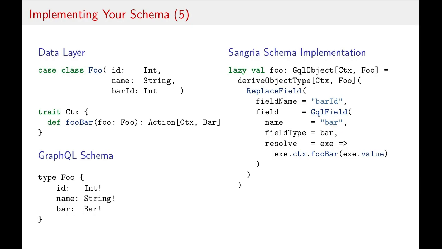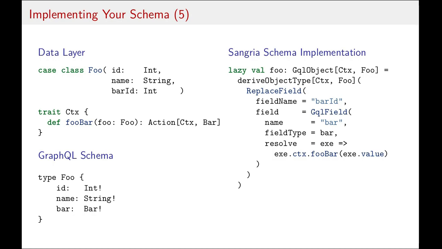Let's create a method inside context that will give us a bar, and really will give us an action of context bar. So this context has to match the context in your overall schema, and so forth. This bar tells you what's inside there. The bar is the payload. The context is there just to constrain the type.